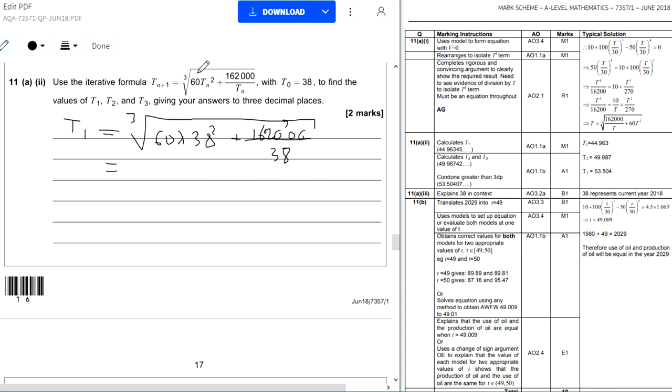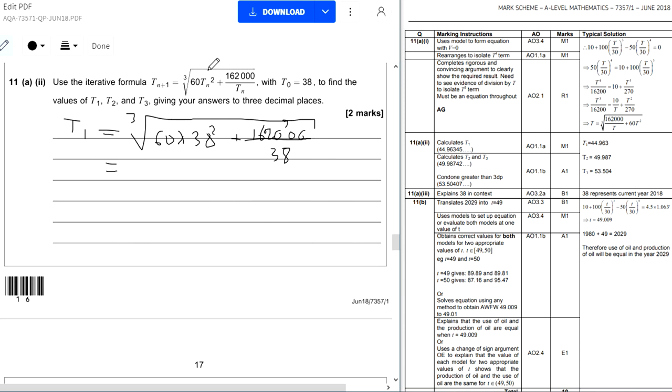Now, what I would do to save time is I would just have a blank screen on my calculator, type in 38, press equals, and so that's going to save that as your latest answer.